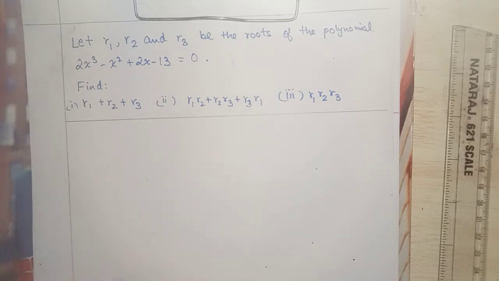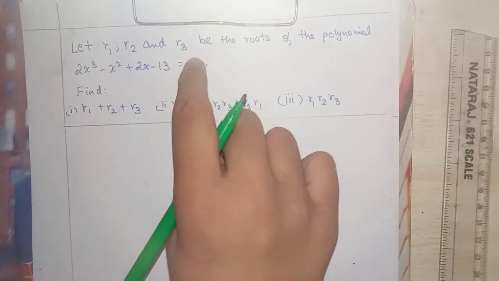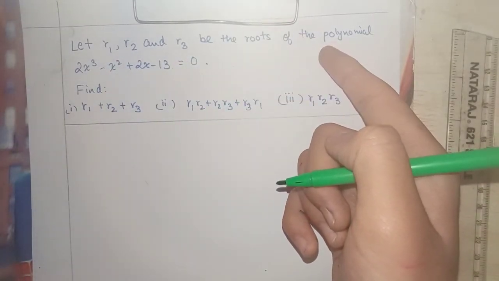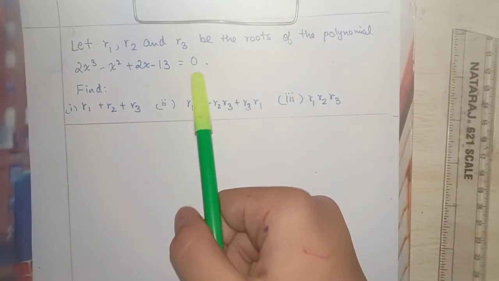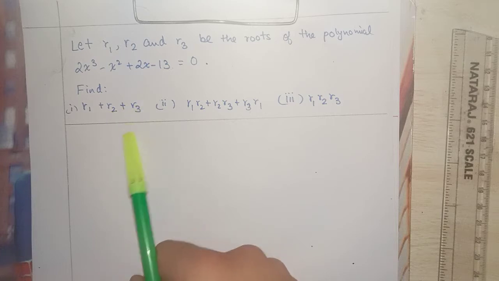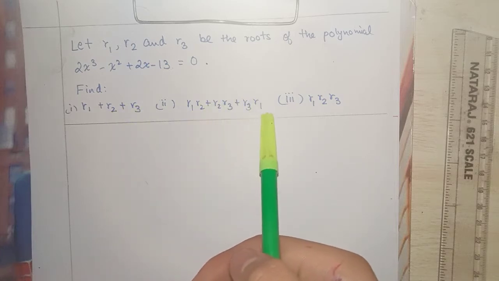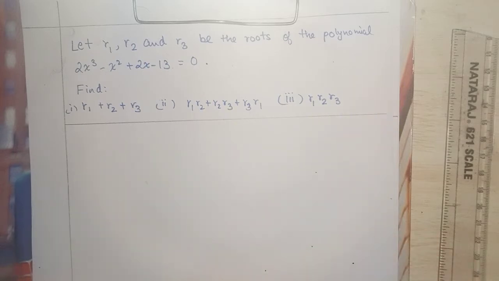And this time we have a third degree polynomial. So let r1, r2 and r3 be the roots of the polynomial 2x cubed minus x squared plus 2x minus 13 equals 0. Find the sum of roots r1 times r2 plus r2 times r3 plus r3 times r1, and r1 r2 r3, the product of roots.